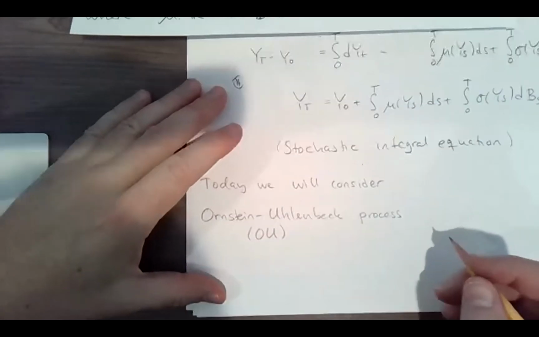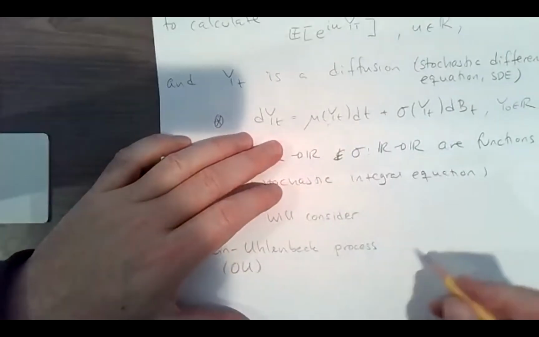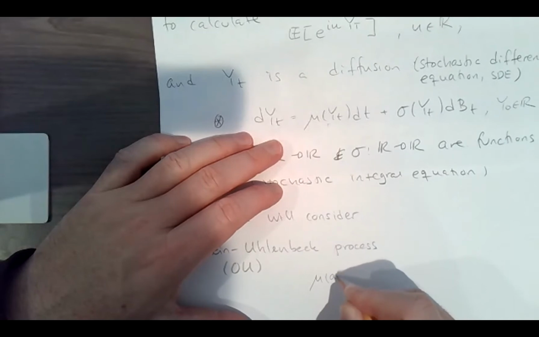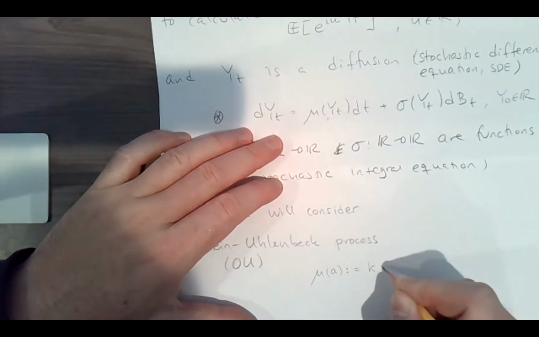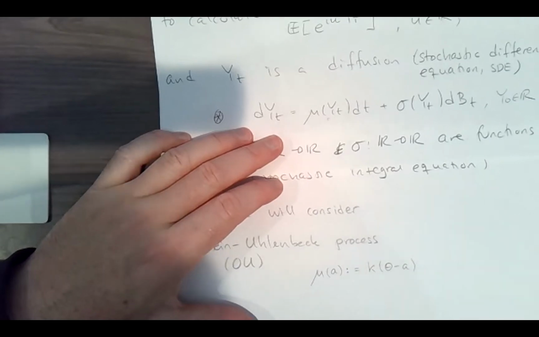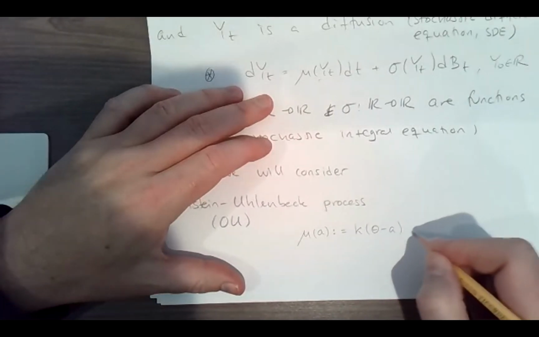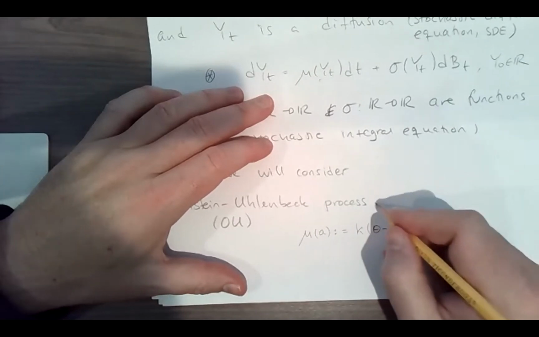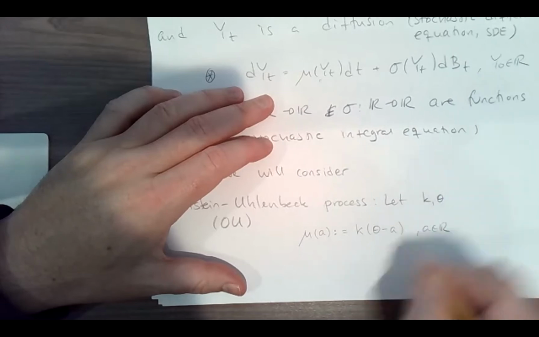For the OU process, we need to specify the drift function. The Ornstein-Uhlenbeck process has mu of a, an affine drift, kappa times theta minus a, for a in R. Here we let kappa, theta be constants.